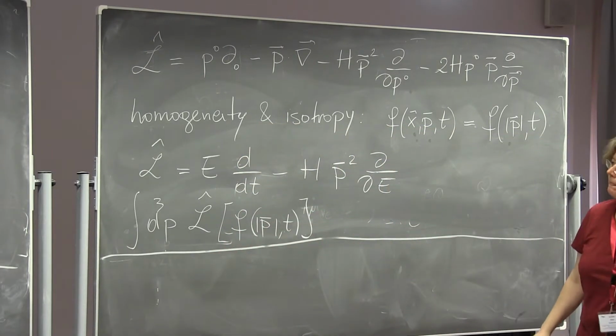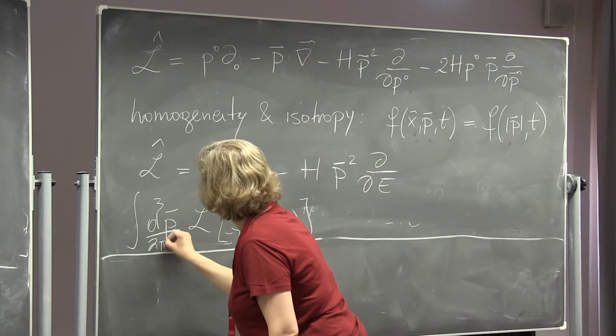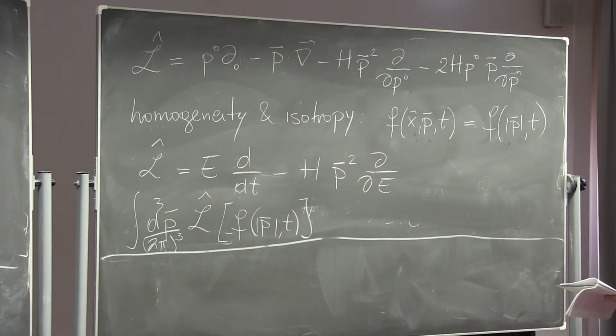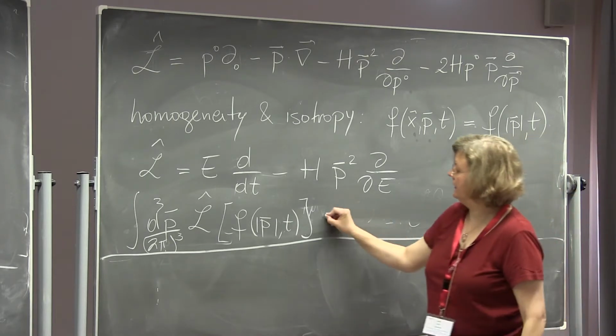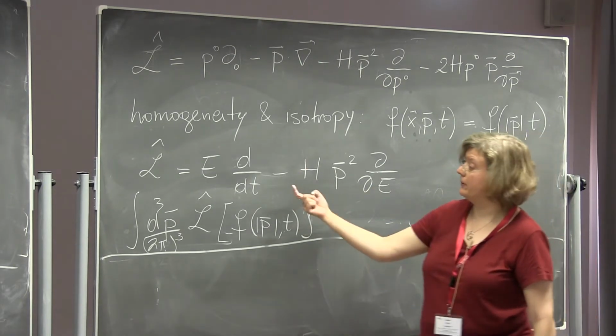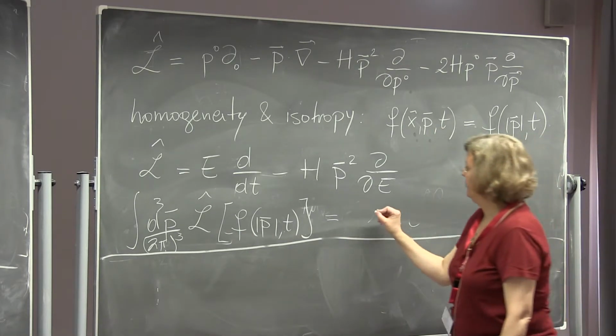What you can do in that case is some partial integration, and you can rewrite this as a derivative of the number density. In practice, you can take the derivative in time out of the integral.